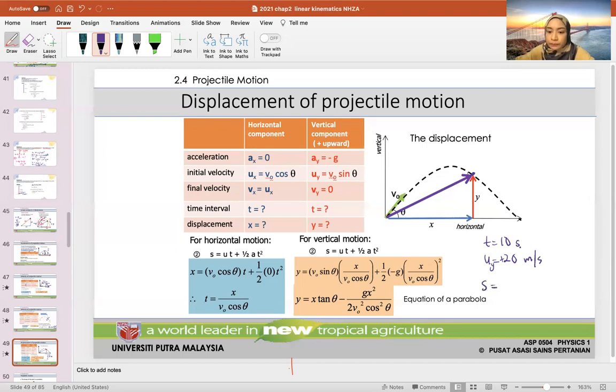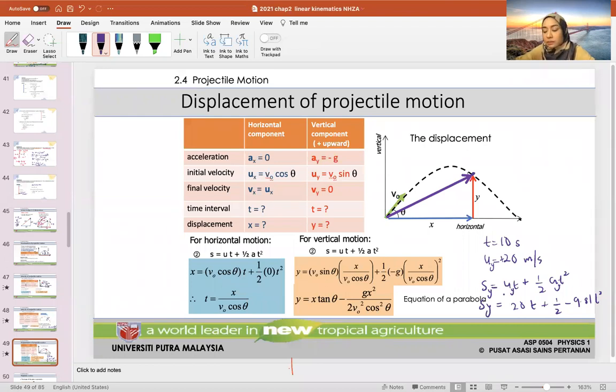S equals to the most suitable one that I should use is ut plus 1 over 2 at squared. And u is 20. This should be sy. This should be uy. And this should be ay. So uy times t plus 1 over 2 minus 9.81 t squared, and you can solve for the sy.